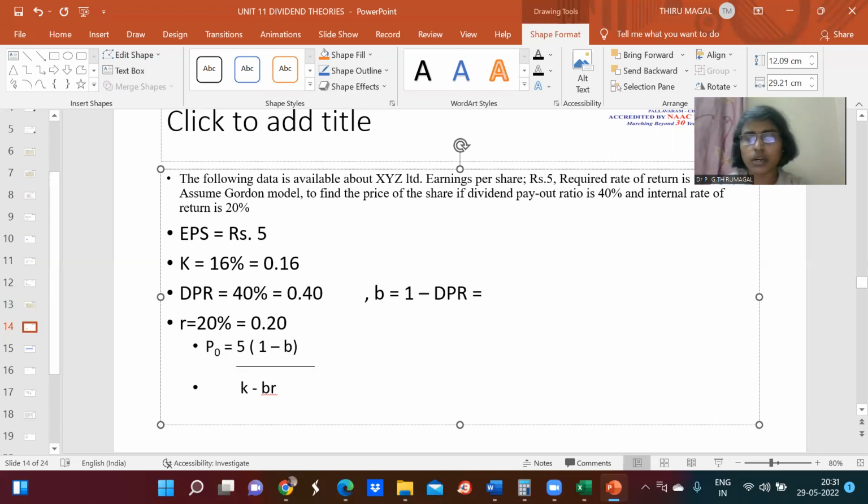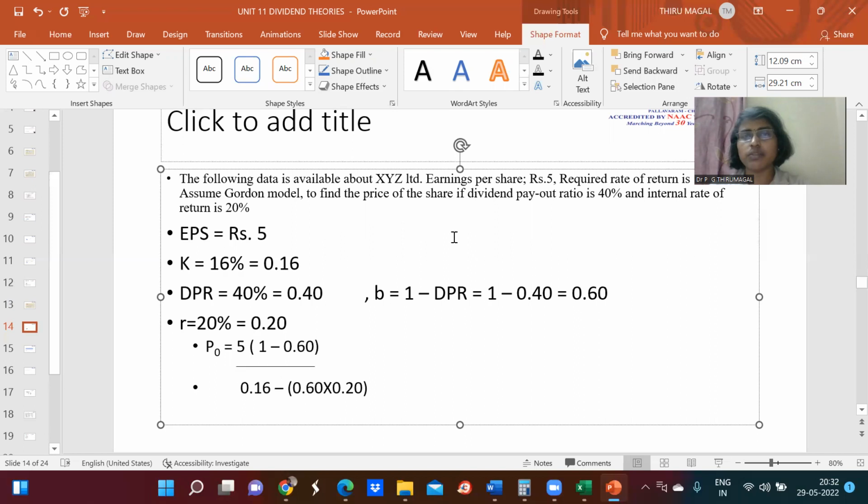That is equal to 1 minus 0.40, which is equal to 0.60. So since the dividend payout ratio is 40%, the balance 60% is retention ratio. So instead of B, 0.60 divided by K minus BR. K is 0.16, that is given in the problem, into B multiplied with R. B is 0.60 multiplied with R. R value is 20%, which means 0.20.